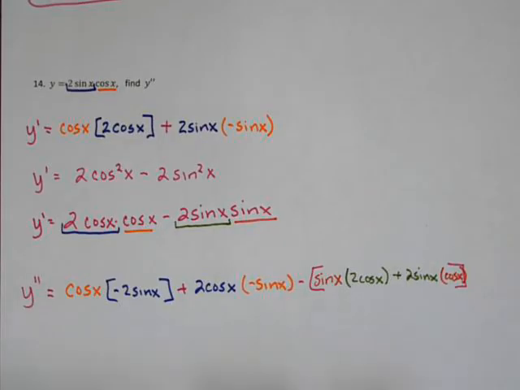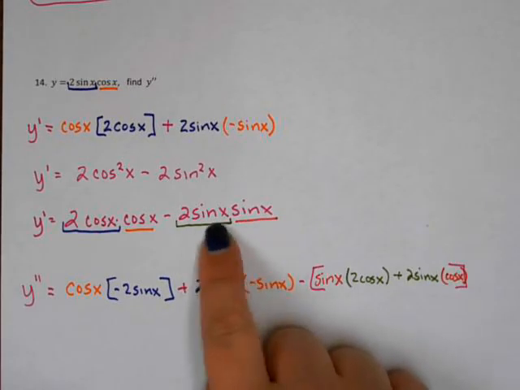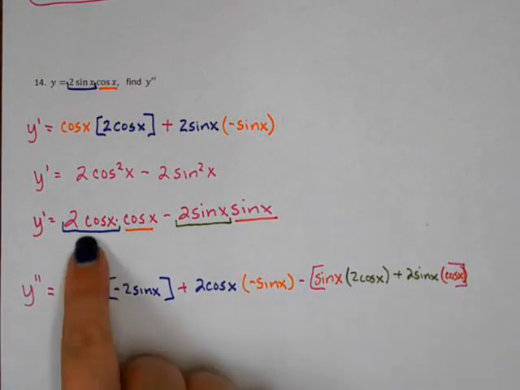All right, now I need to simplify. So again, everything inside these brackets is the derivative of this second portion. Everything over here in blue and orange is the derivative of this first part of the function.